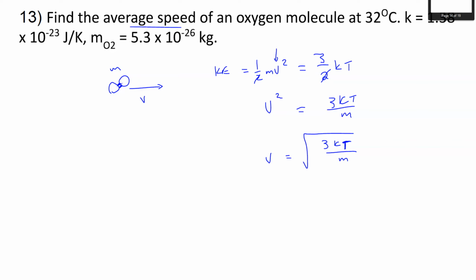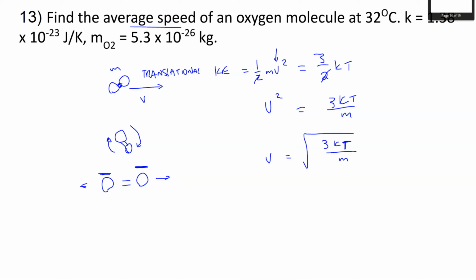Now, you should know that this is translational kinetic energy, and we said it's all in just motion. In real life, we would also have rotational energy, where that molecule is twisting around its center point, and probably also some vibrational energy, where the molecule is going back and forth, like two balls on a spring going boing, boing, boing.